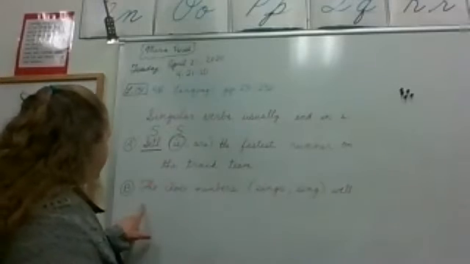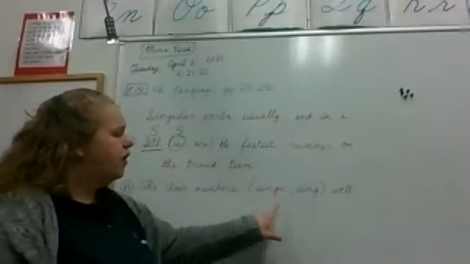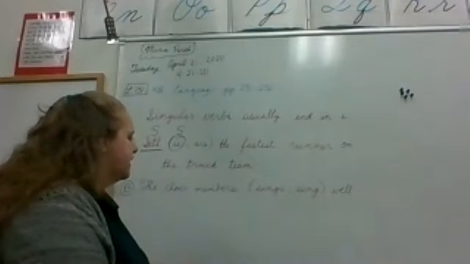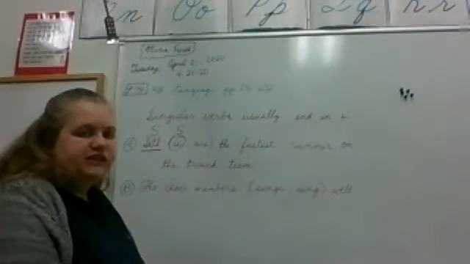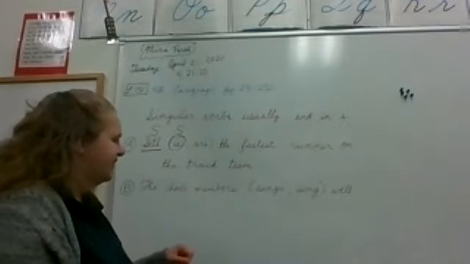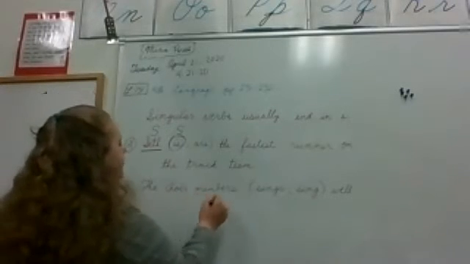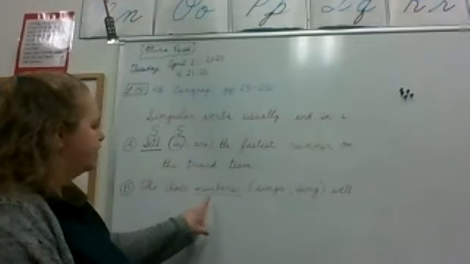So we're going to look at the second sentence in B. The choir members sings or sing well, okay? So what is our subject in this sentence? Okay, it would be members, all right? So we just go with the one word, and it's that noun.